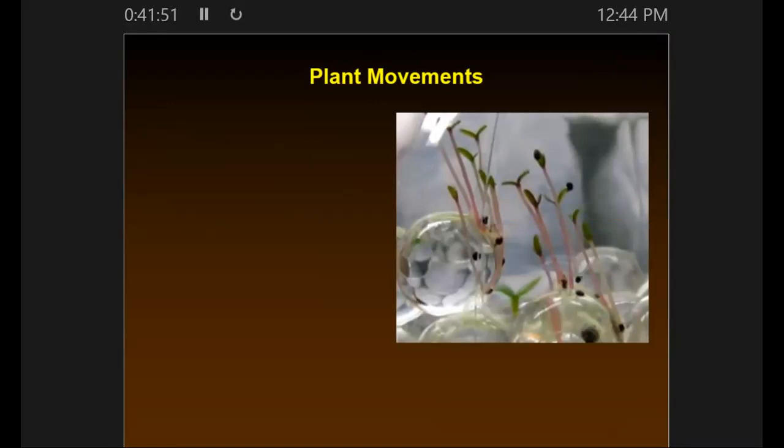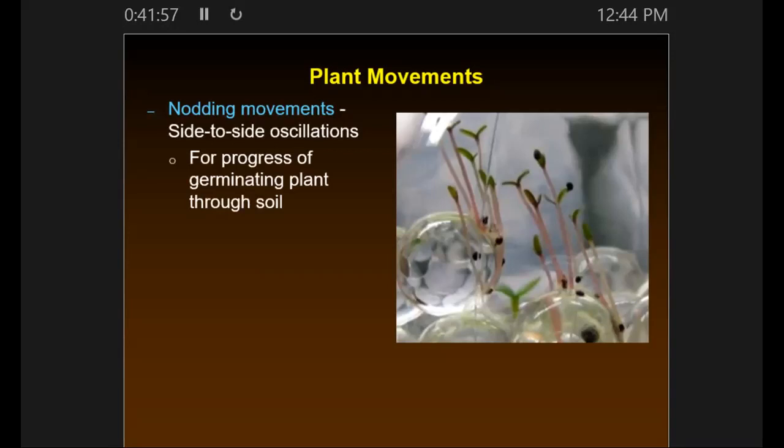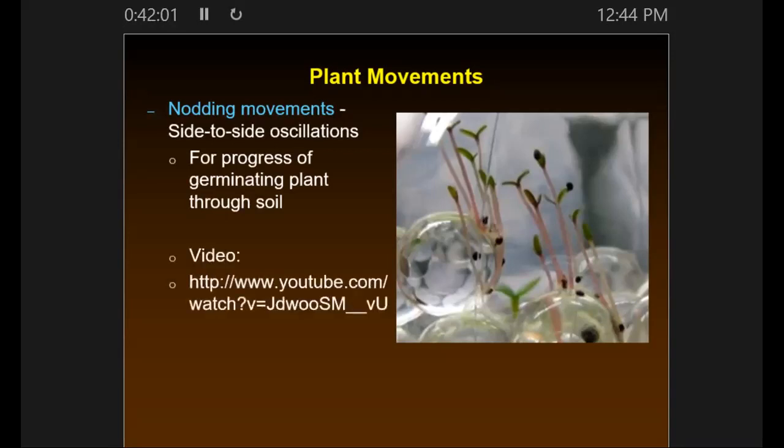And then they put some seeds in there, and then I have video. I believe all these video links work, by the way. So as you're studying, if you put these links into your browser, it'll take you to these video clips, and they're short video clips. But they show very nicely what we're talking about here.